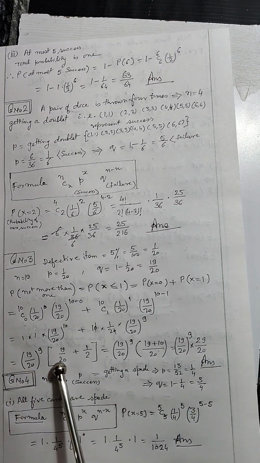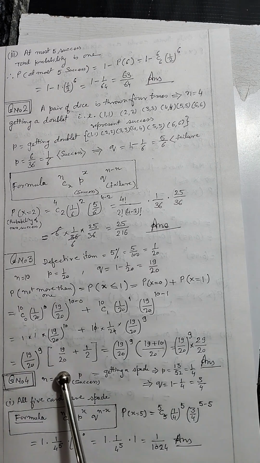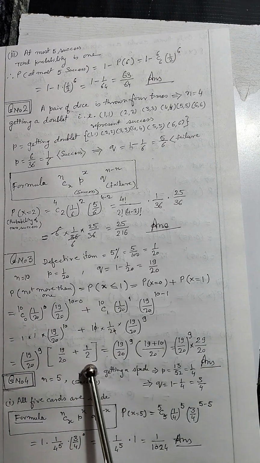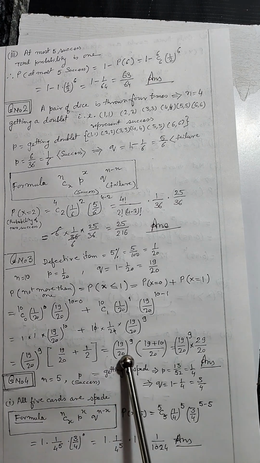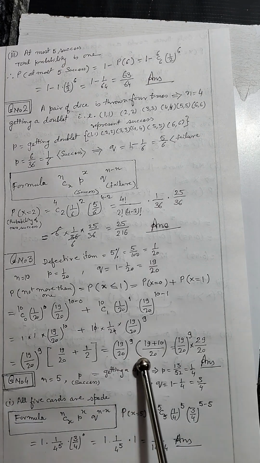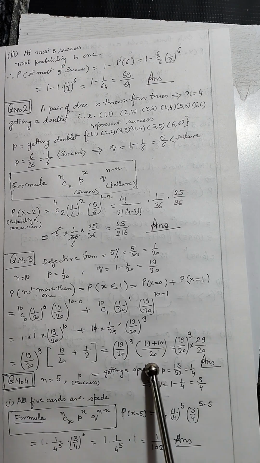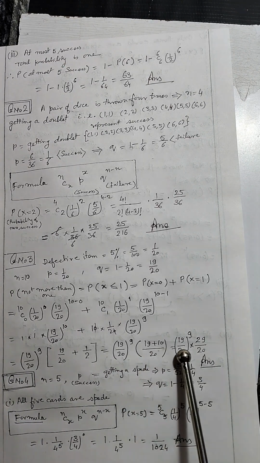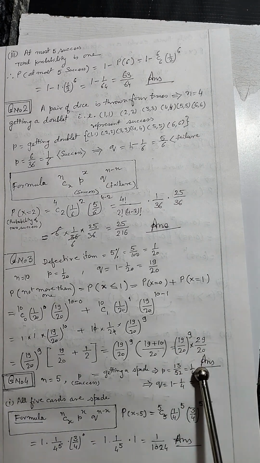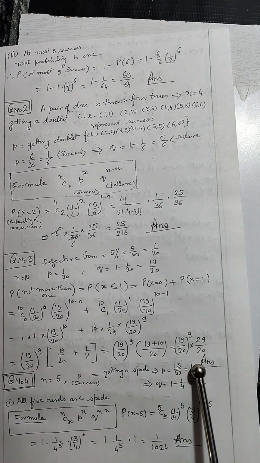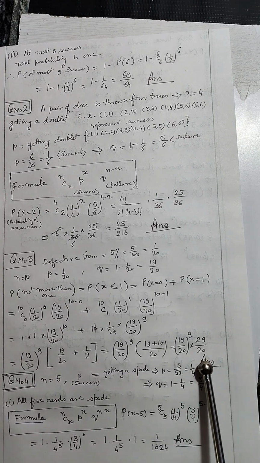From here you will get 19 by 20 plus 1 by 2. You further solve it, you will get 19 by 20 raised to power 9 into (19 plus 10) whole divided by 20. That will be equal to 19 by 20 raised to power 9 into 29 by 20. This will be the required answer.